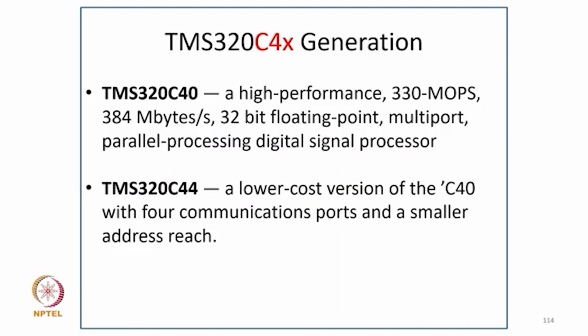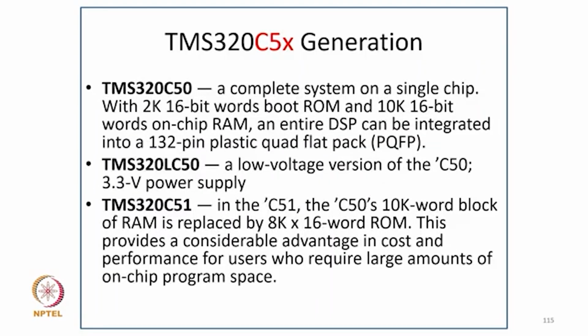TMS320C40 is a high-performance 330 MOPS, 384-megabyte, 32-bit floating-point multi-port parallel processing digital signal processor, and TMS320C44 is a lower-cost version of the C40 with 4 communication ports and a smaller address reach.